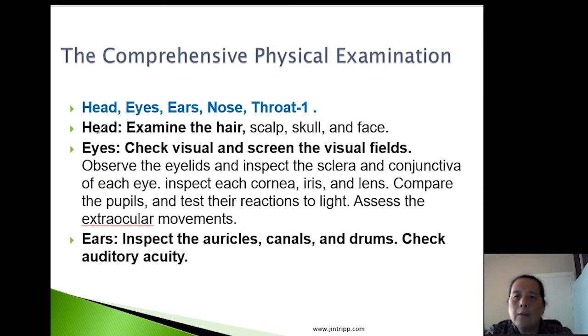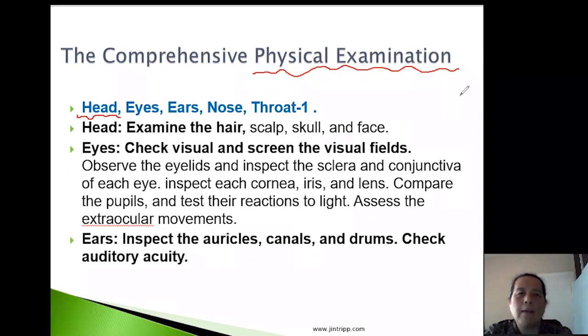Then we still start from the head. Remember, now we're talking about physical examinations, while before we were asking questions from the head. Now with physical examinations, we still go from the head.